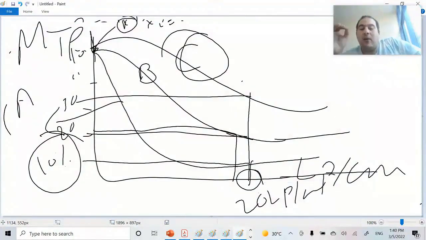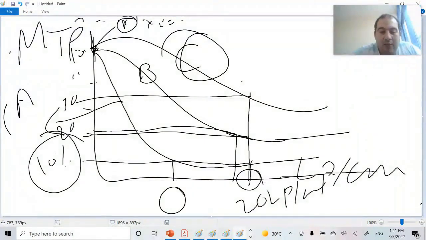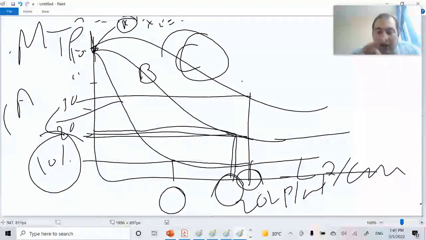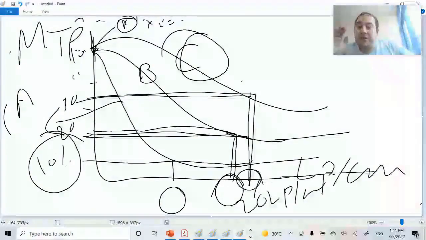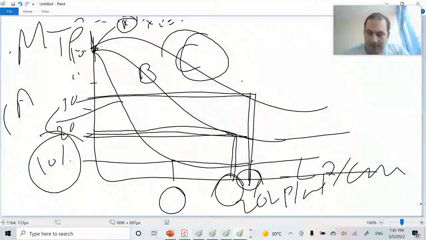Of course, B saw 20, and C saw how many? It saw 25. So 10% is the standard modulation transfer function. This is what allows you to see how many line pairs per centimeter. Okay, doctors?